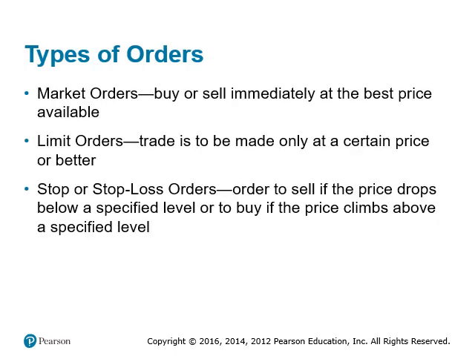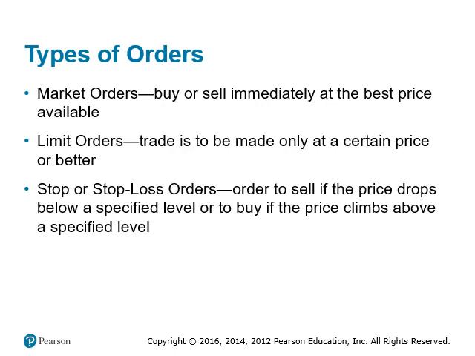Here are types of orders. We have the market orders, where you buy and sell immediately at the best price available. We also have the limit orders. This is where a trade is to be made only after a certain price or a better one is achieved. Then we also have the stop or stop loss orders.